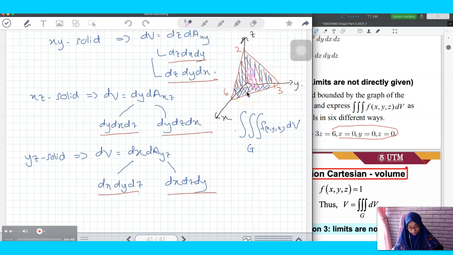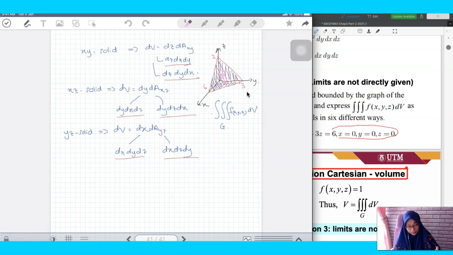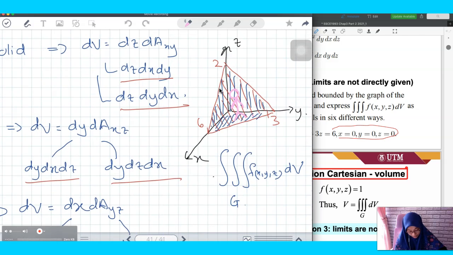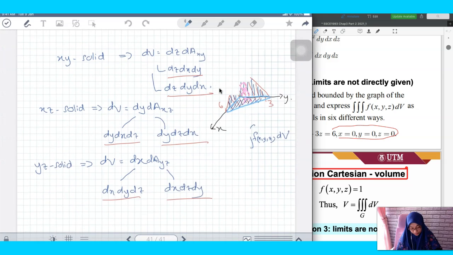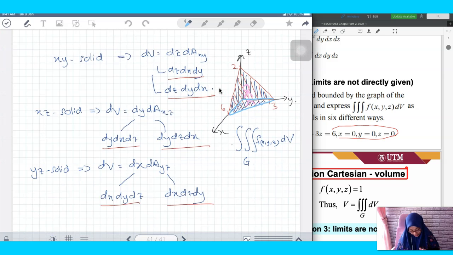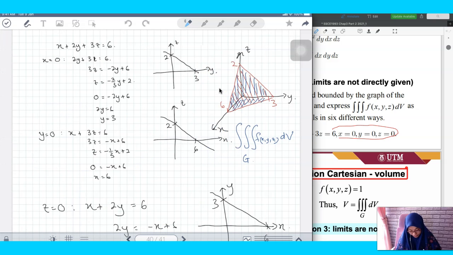Okay, so for that, what is the region that we should have? Based on this one, now determine the region that you have on xy. So the region that you can see is this, and this. Okay, so on xy plane, if you look at your trace, it should be part of your trace.